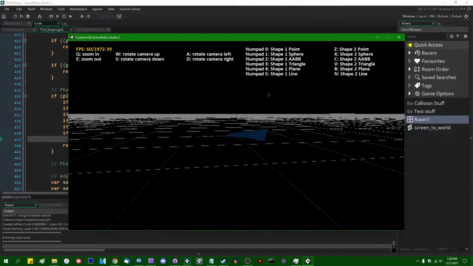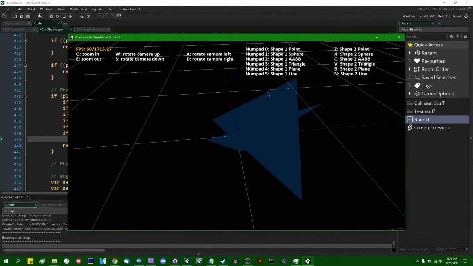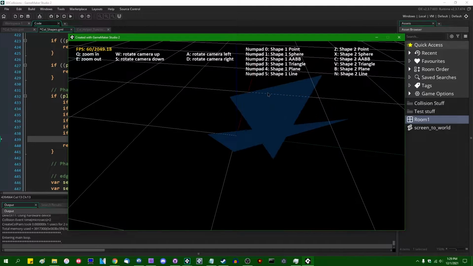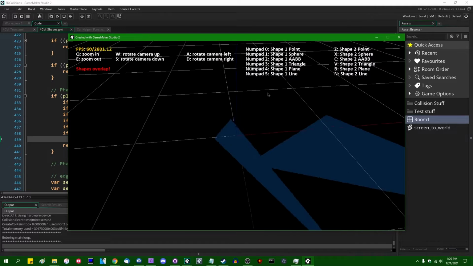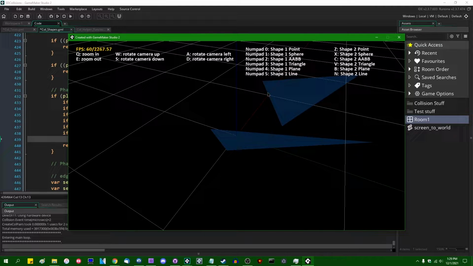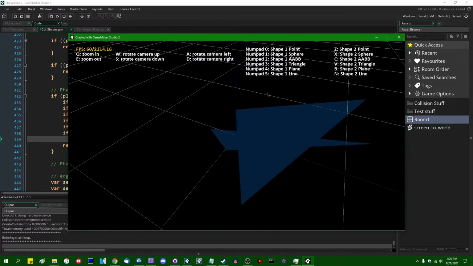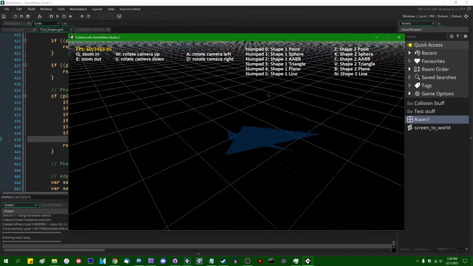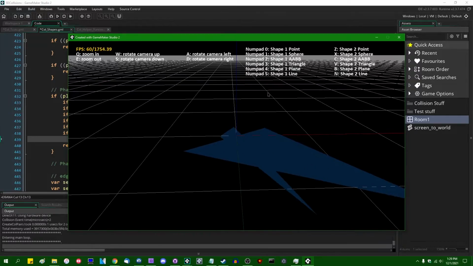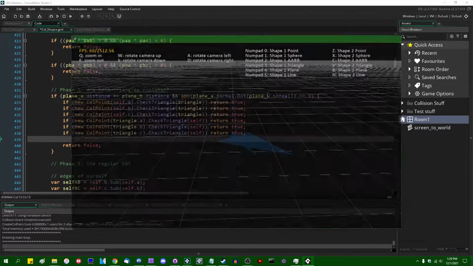You can see these 2 triangles are coplanar. They should be detecting an intersection, but they are not. If I were to move one so that we have one of the corners inside the other, here we have an intersection. If I were to move it away, we do not. We are detecting a false negative here. And this is the final special case for detecting triangle collisions that I need to test.